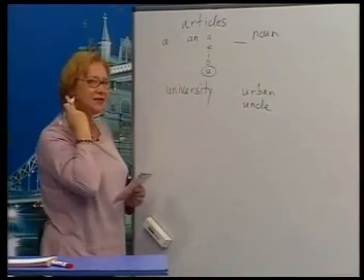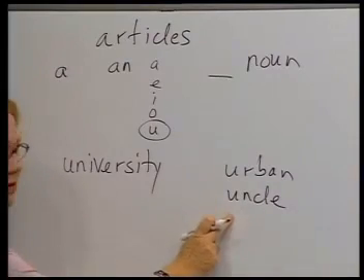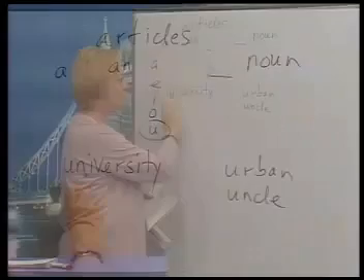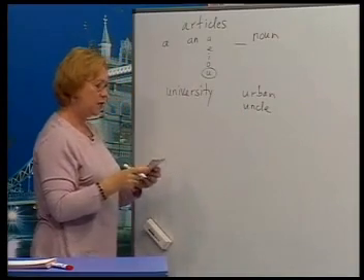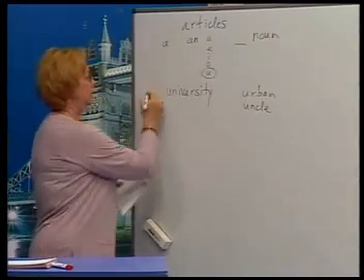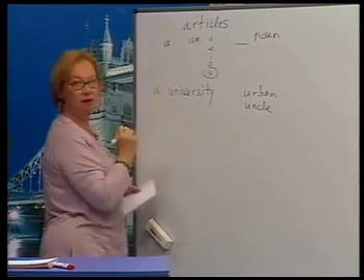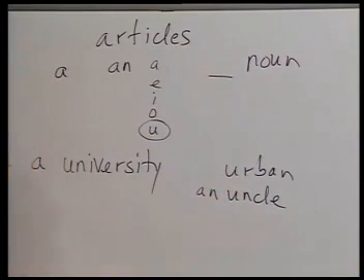U, but it's a different sound. University, uncle, urban. So U and U, but different sounds. So if we put in a: a university, an uncle. Okay? Because of the sound.